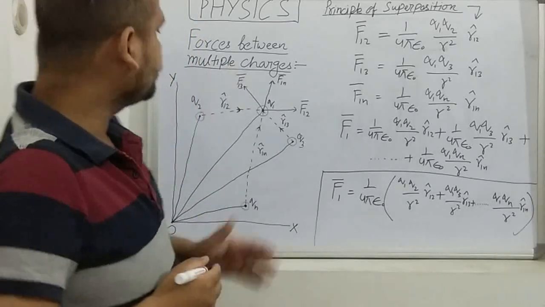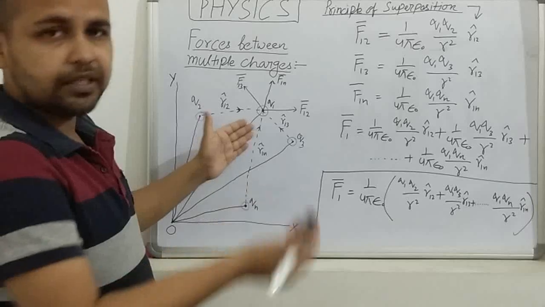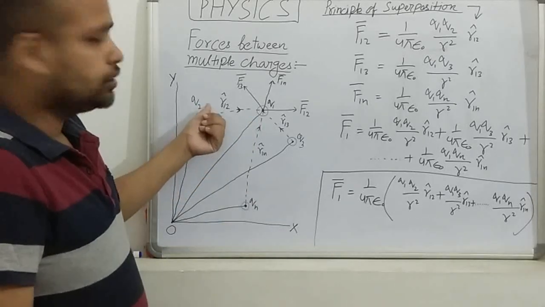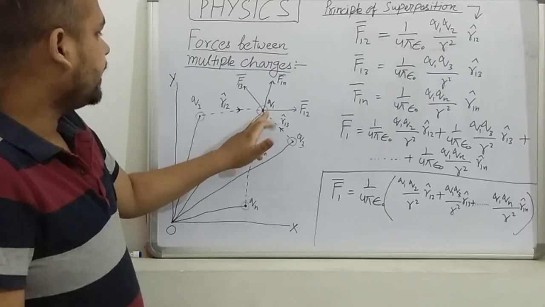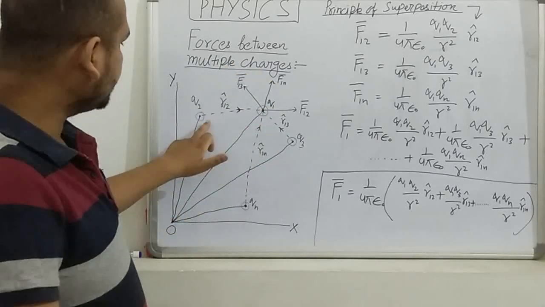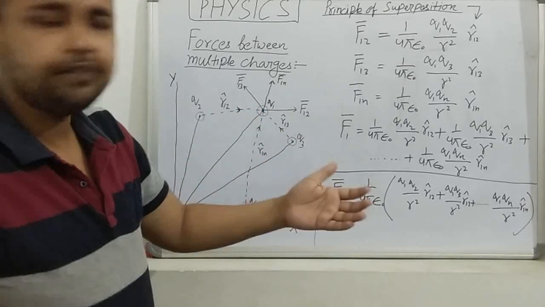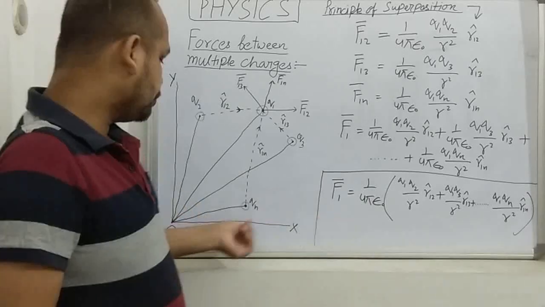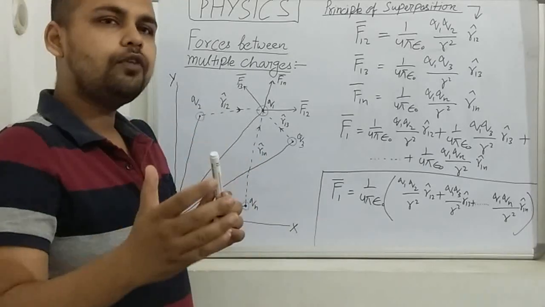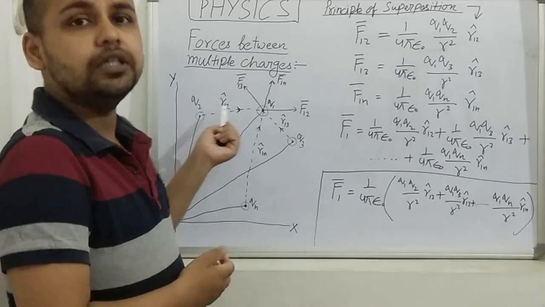Likewise, we can also find the net force on any other charge due to other charges. Suppose we want to find the net force on Q2. So what we'll do? We'll find the individual forces which are acting on Q2 due to Q1, Q3, Q4, Q5, Q6 up to Qn, and after that we'll take the vector sum of all those forces and again we'll get the net force on Q2.